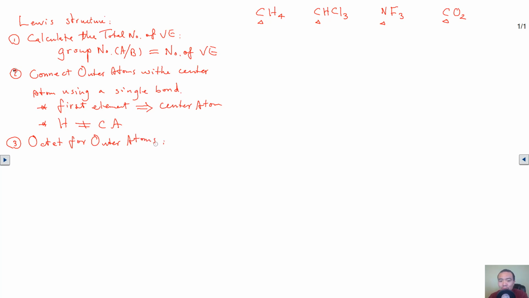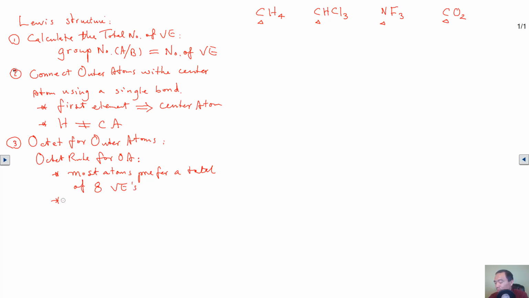Do you remember the rule for outer atoms is actually quite straightforward, because most atoms will prefer a total of 8 valence electrons.